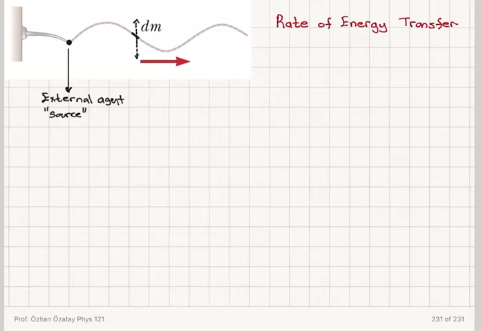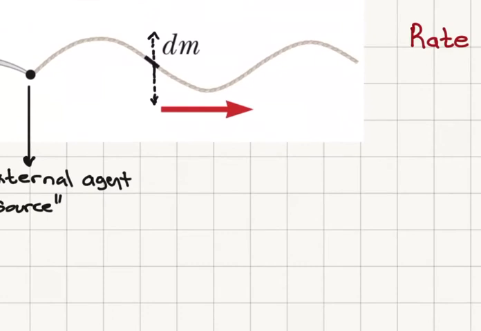if I concentrate on one wavelength of this wave, starting from here, ending here, basically I have one wavelength, and there has to be a total energy, kinetic energy and potential energy, total mechanical energy transported by this string in one wavelength.